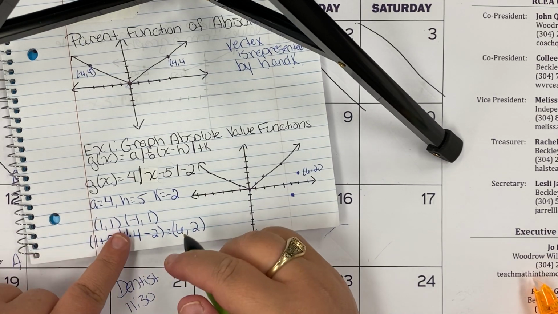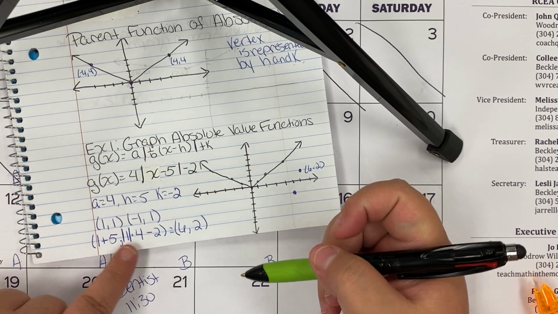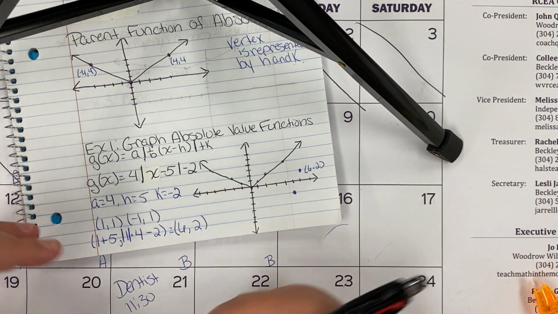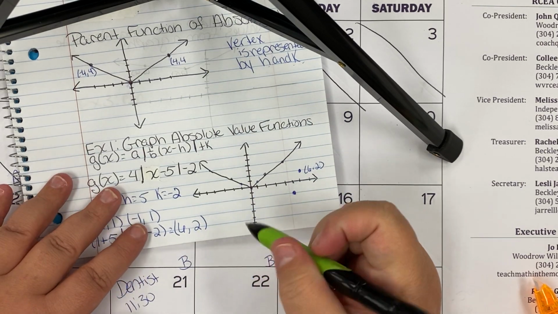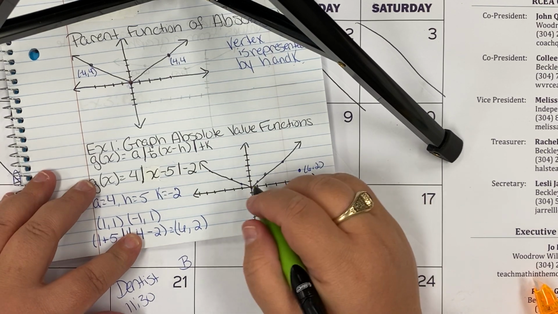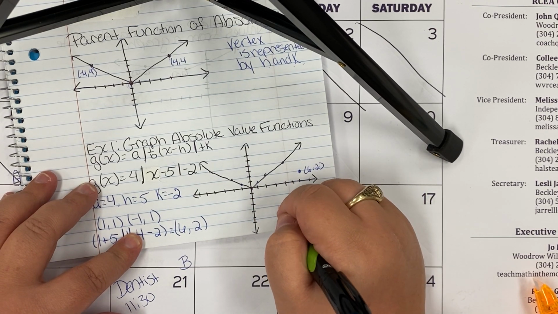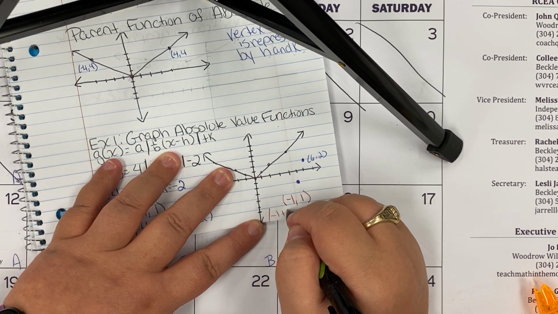Okay? So now I also need to find what negative 1, 1 is going to be. I'm going to do the same thing. I'm moving 5 over on the x-axis. So negative 1, 1 is going to become negative 1 plus 5.